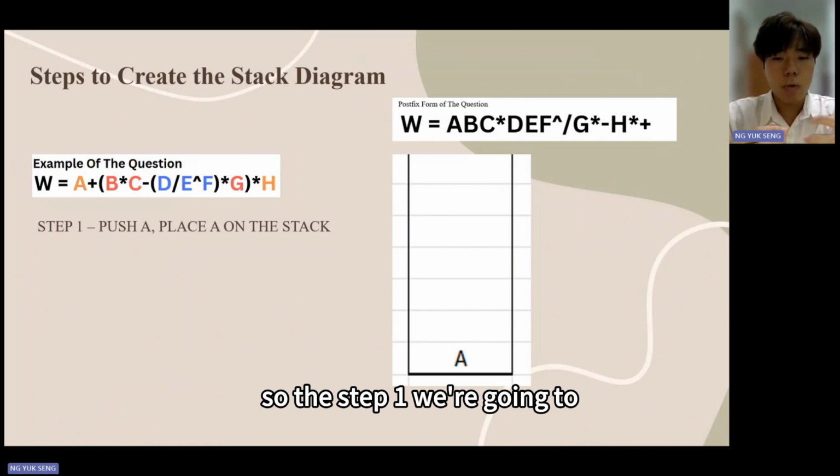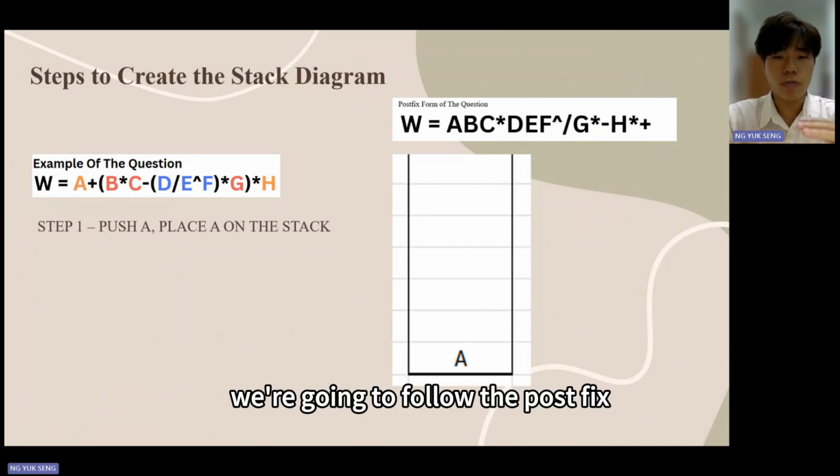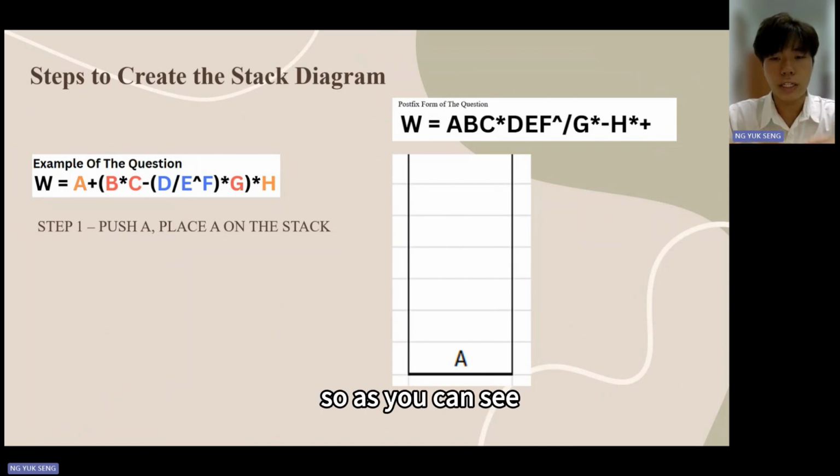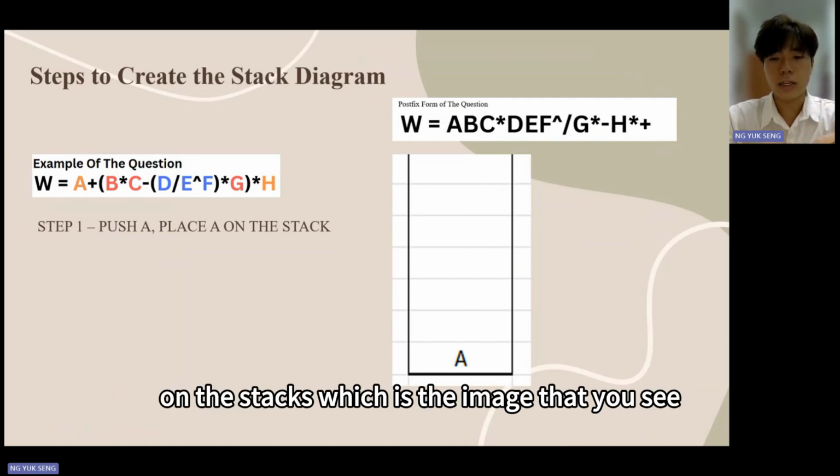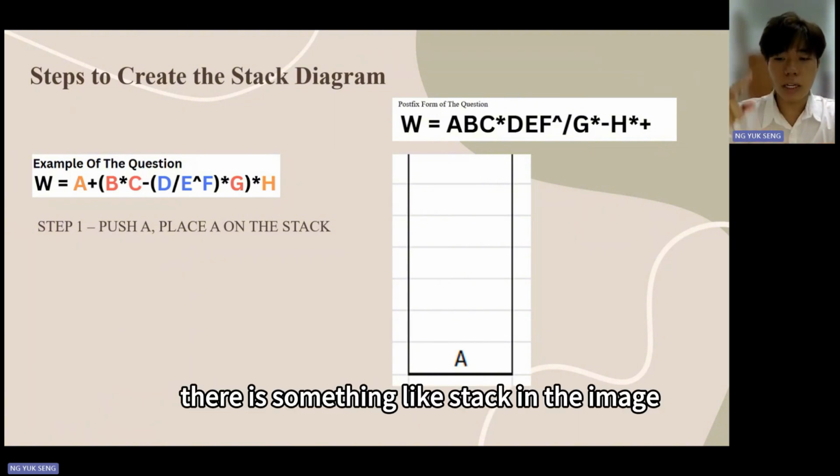For step one, we are going to follow the postfix. As you can see, the postfix is W equals A. So step one is obviously to push A and place A on the stack, which is the image that you've seen. There is something like a stack in the image.